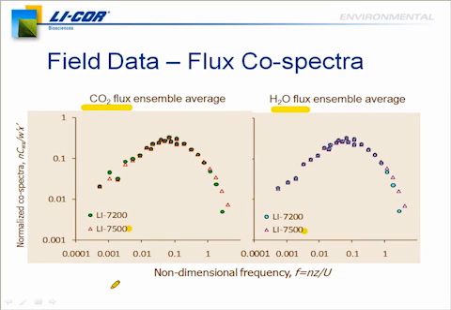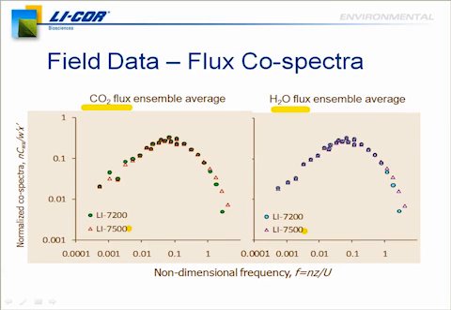So on average here, the 7200, for example, with a half-meter intake tube, will have 12% frequency loss versus 8% typical loss with the 7500. Now, if you move to a longer 1-meter intake tube, the 7200 has a 13% frequency loss versus a 9% frequency loss for the 7500. So these results are very good and encouraging.